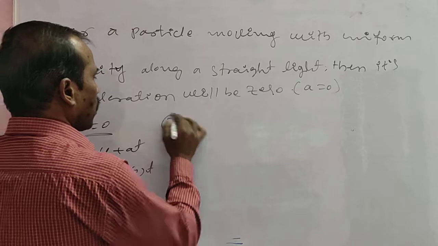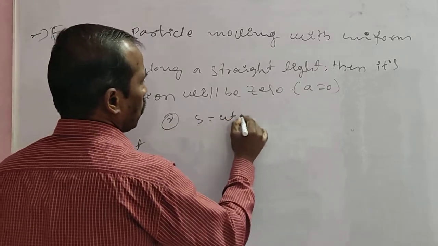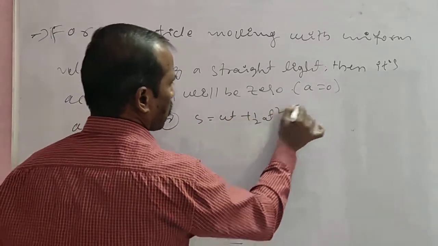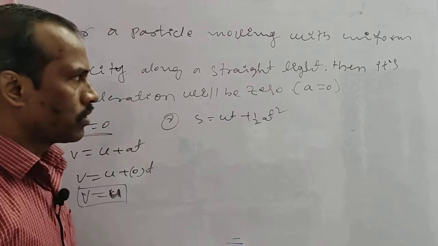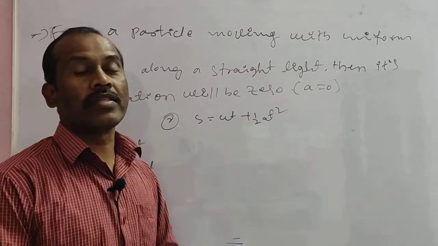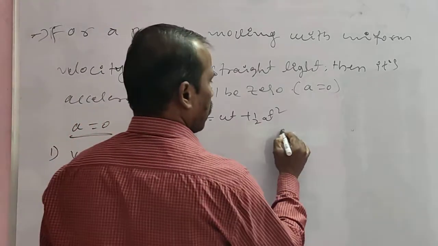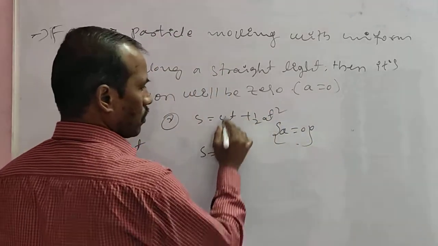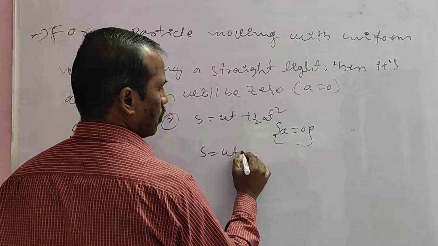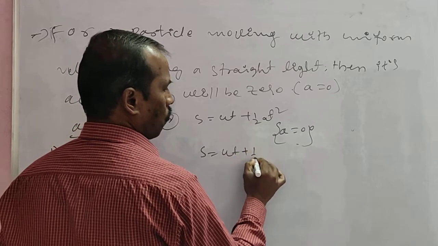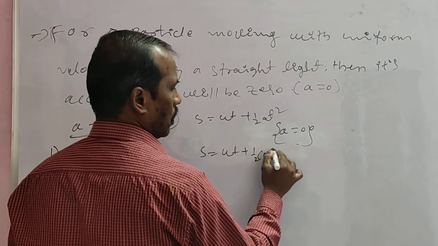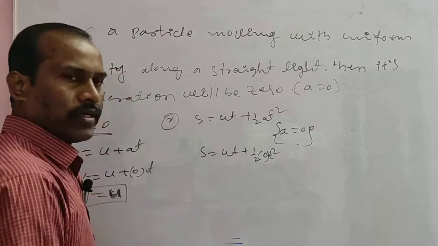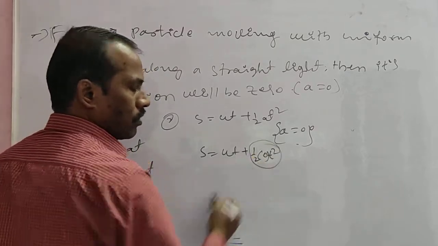Second case, s is equal to ut plus half at square. In this case acceleration a is 0. Now in the above equation, displacement is equal to ut plus 1 by 2 into 0 into t square. So this term is totally 0.